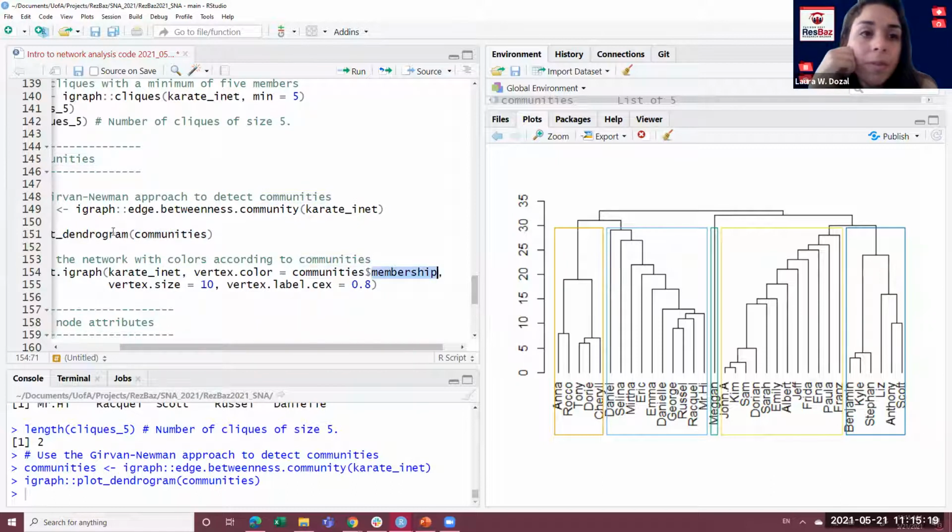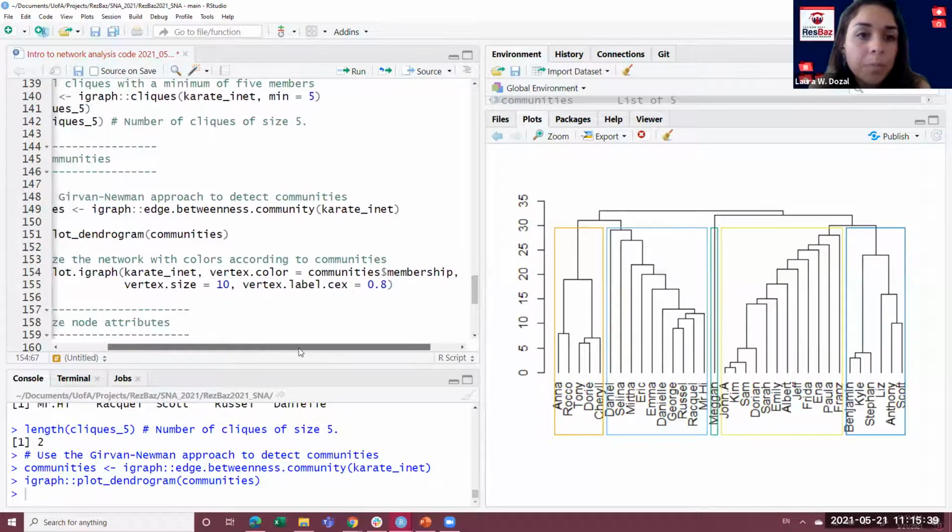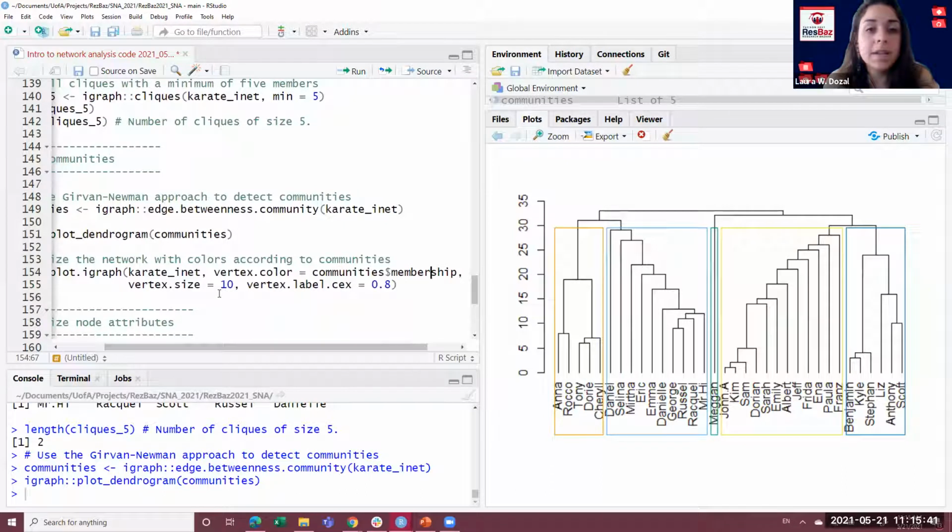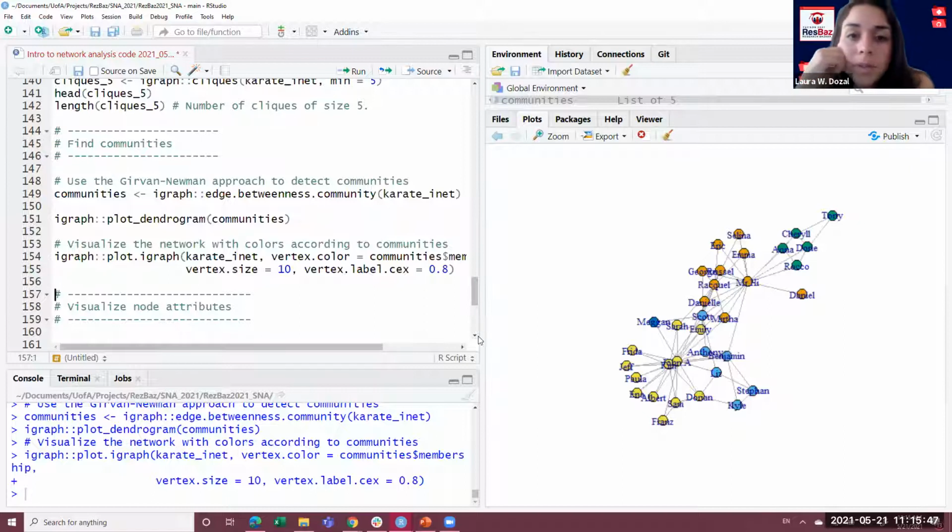So from our communities, one of the attributes shows the membership to each community. And so here, Anna, Rocco, Tony, Dory, and Cheryl will be their own community, members of one community, and so on. And again, our vertex size is 10, and our label text is 0.8.